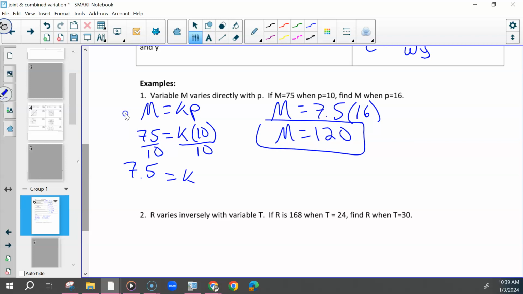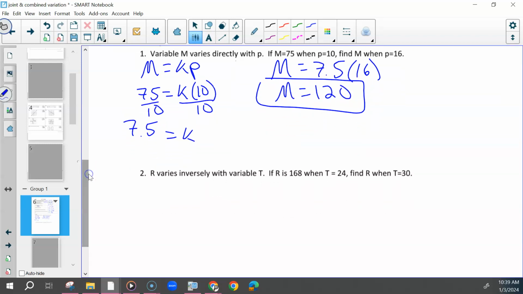So we did direct already. This is just with different variables. We did inversely as well, but different variables, so let's do that one. R varies inversely with the variable t. How would we set that up? R equals k over t.